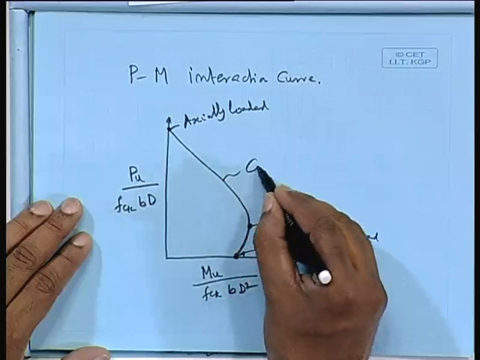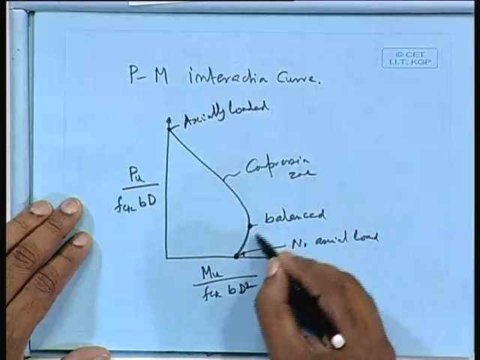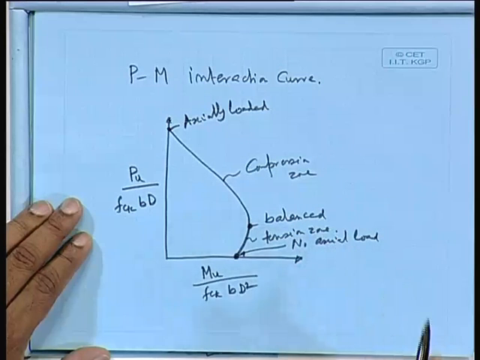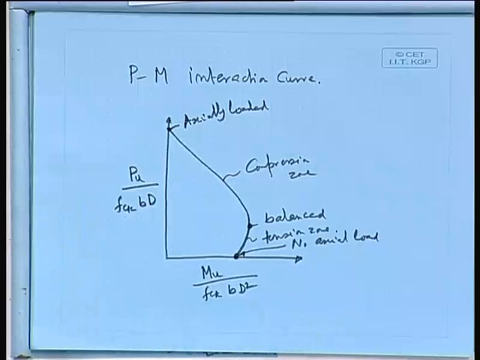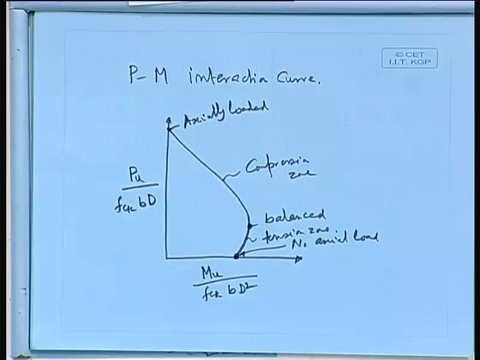This side is the compression zone, and this portion is the tension zone. Depending on the neutral axis position, we can find out. In one case you are axially loaded, that means it is uniformly distributed, and the strain is 0.002.